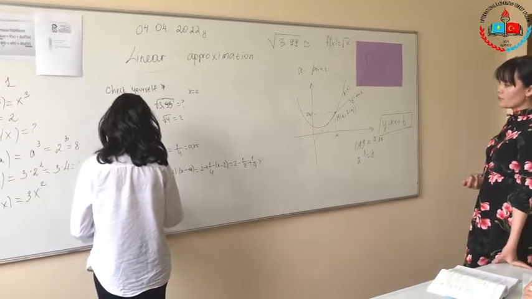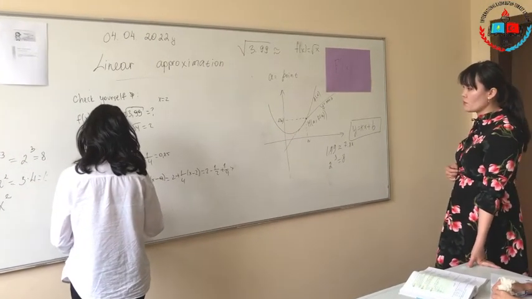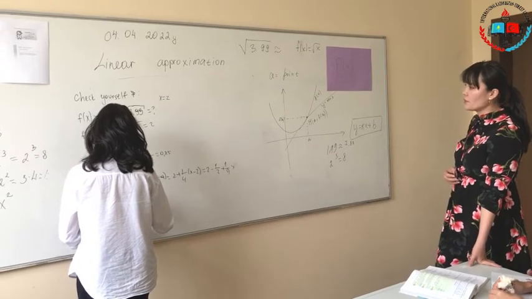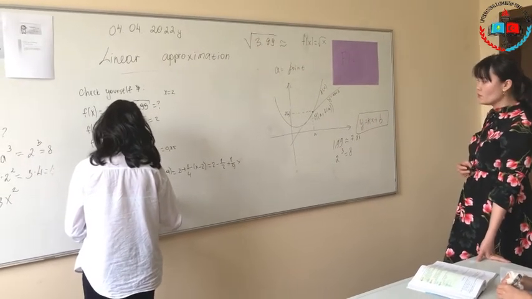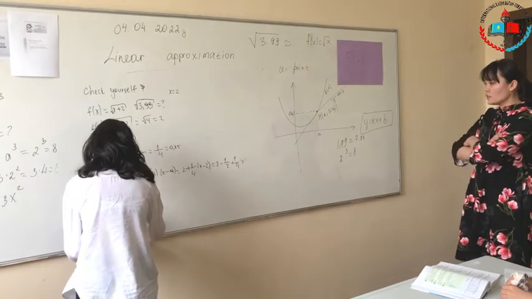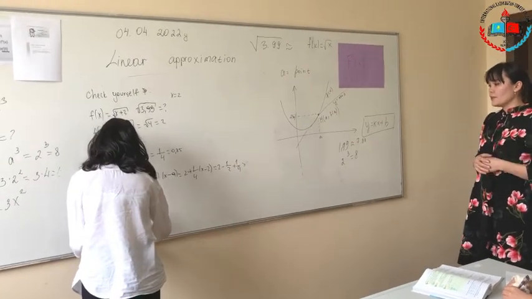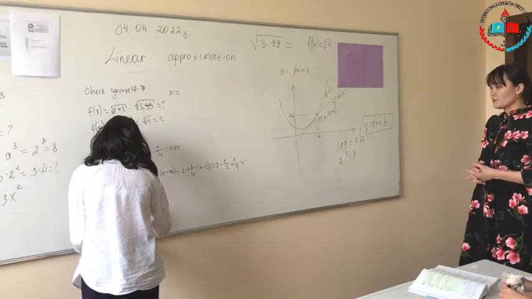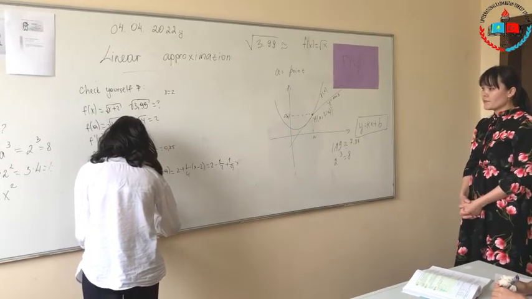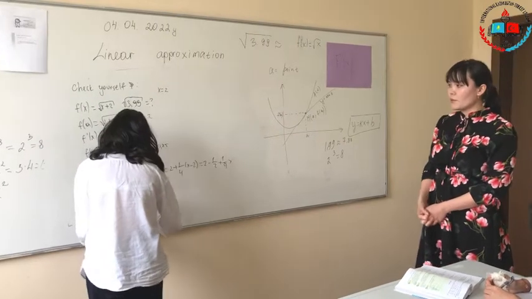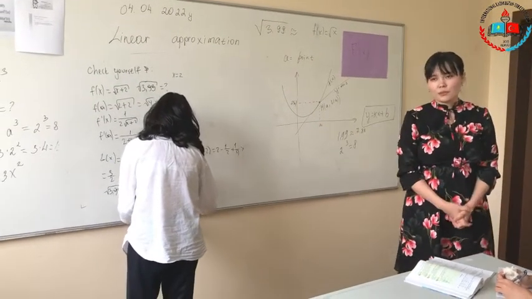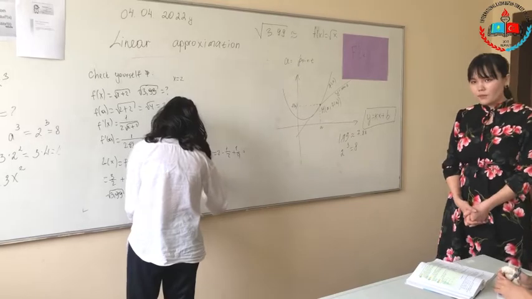Let me check f prime of a, the meaning of the function at the point a, after finding the derivative. Okay, 1/4 is correct, 1.25. Then L of x. She's solving step by step as I show you. And always keep this way, okay?